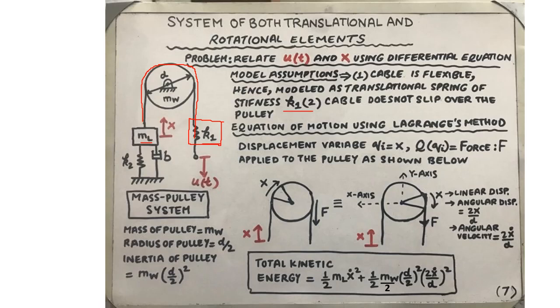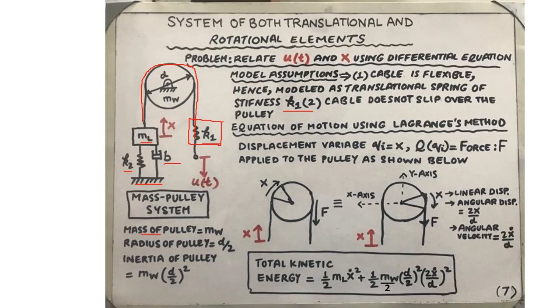The mass is supported on a spring and a damper whose other end is fixed. The stiffness of the spring supporting the mass ml is K2, and the damper has damping coefficient B.